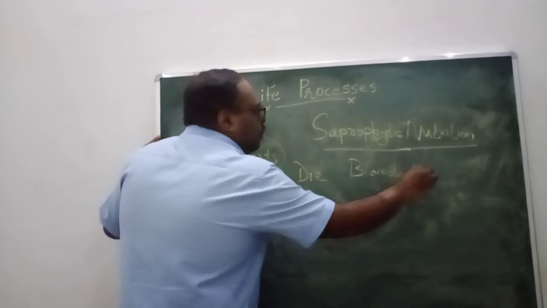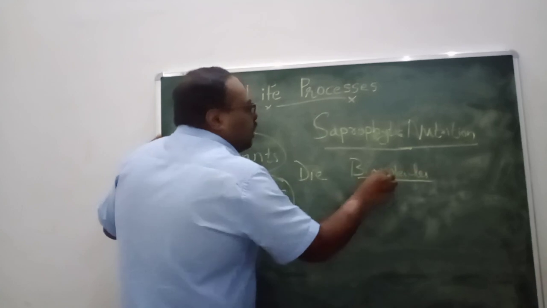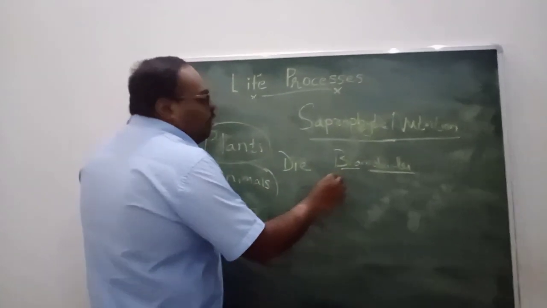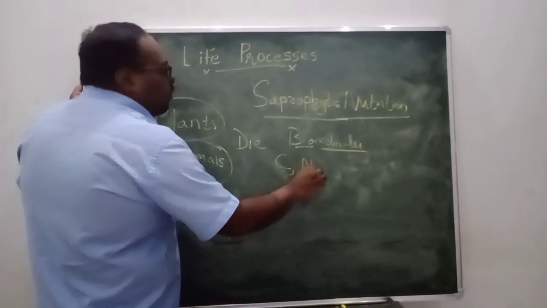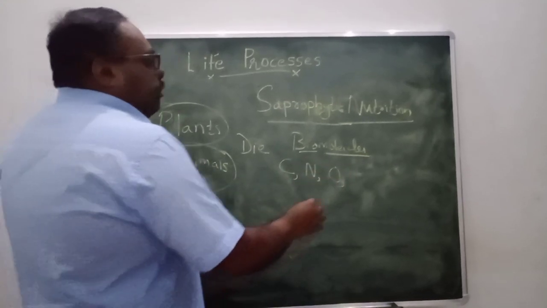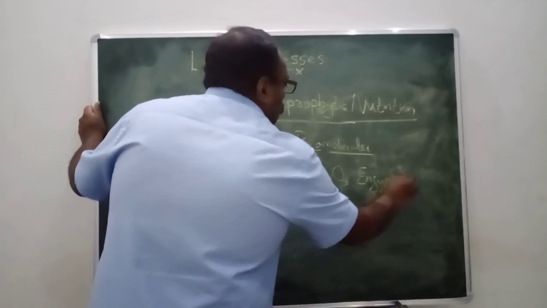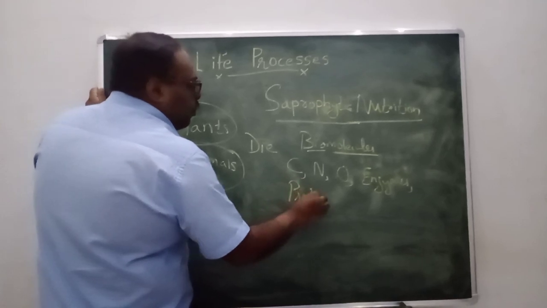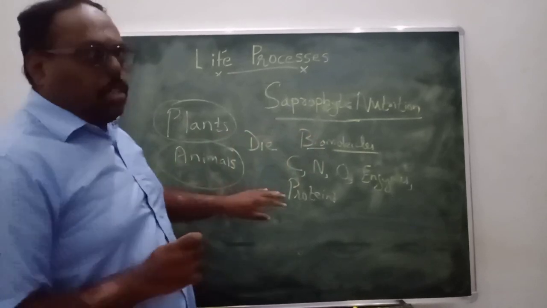Biomolecules means molecules that help to sustain life. For example, in our body, we have a rich amount of carbon, a rich amount of nitrogen, we have oxygen, some enzymes, some proteins. All these things will be there inside our body.